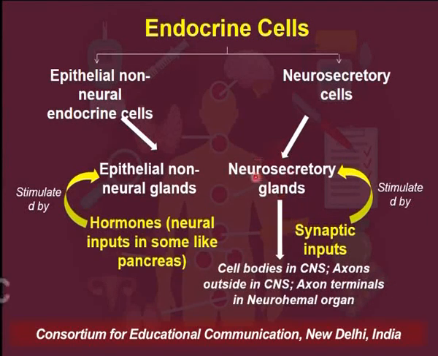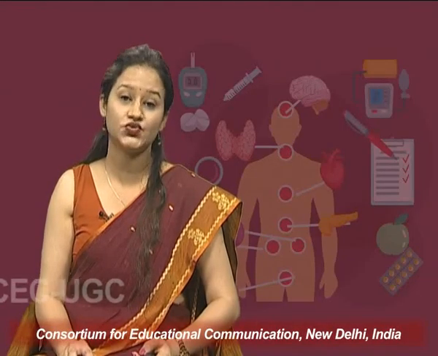These glands are made up of cell bodies which lie in the central nervous system, and axons of these extend out of the CNS, and the terminals of the axons lie in the neurohemal organ, for example, your pituitary gland.